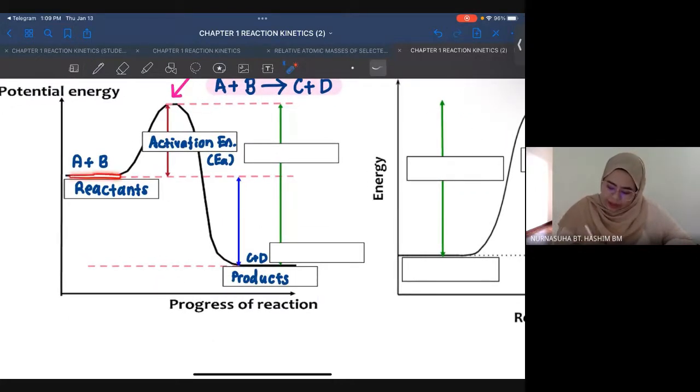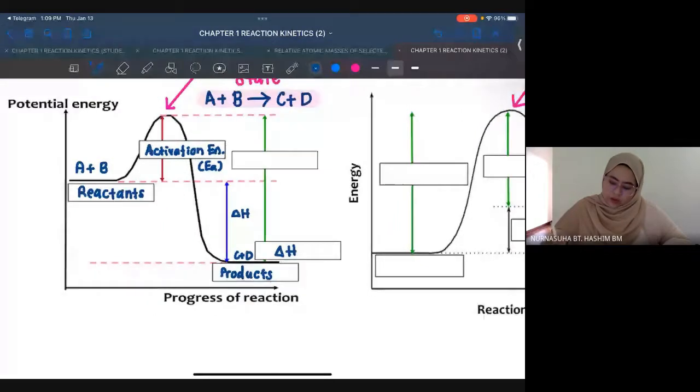I told you before just now, this is the energy of reactant and this is the energy of product. So the difference between the energy of reactant and product, we call it enthalpy, change of enthalpy. Right, change in enthalpy here.